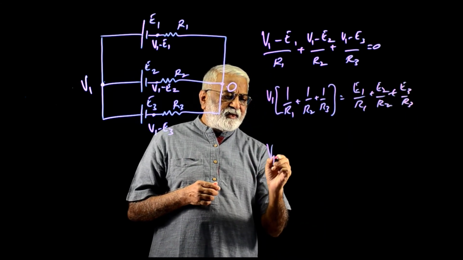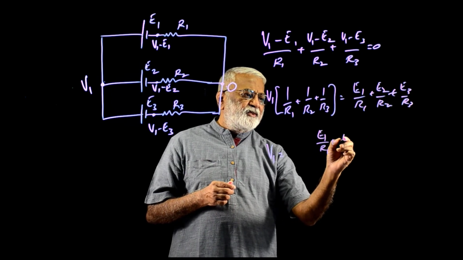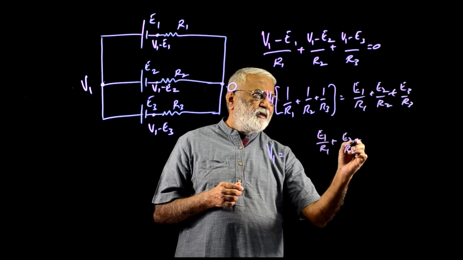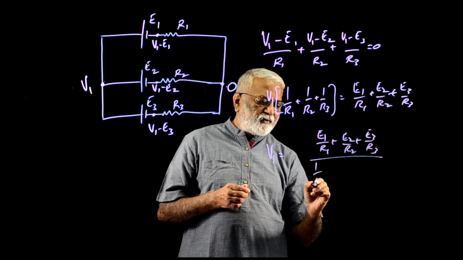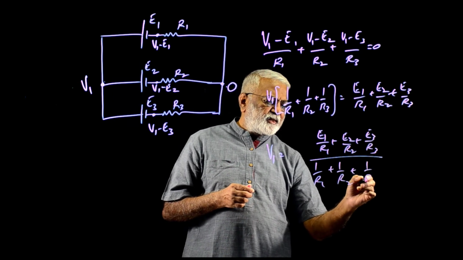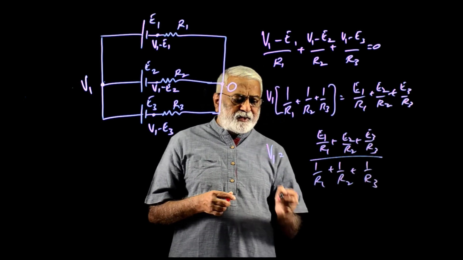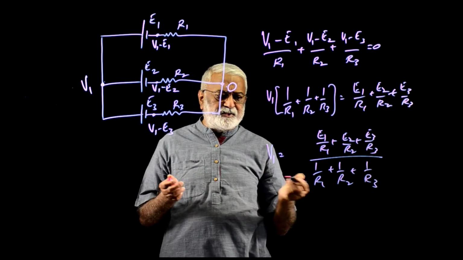So V1 will work out to be (E1 by R1 plus E2 by R2 plus E3 by R3) divided by (1 by R1 plus 1 by R2 plus 1 by R3). So once you have V1, you can find the currents in individual branches.